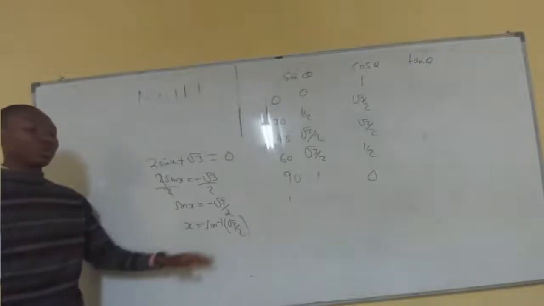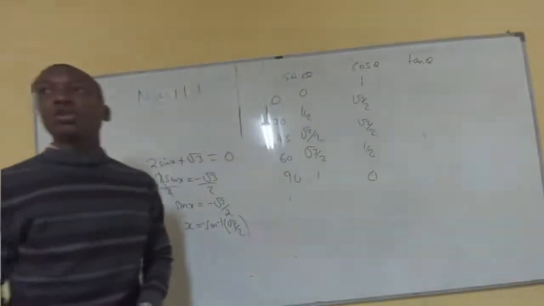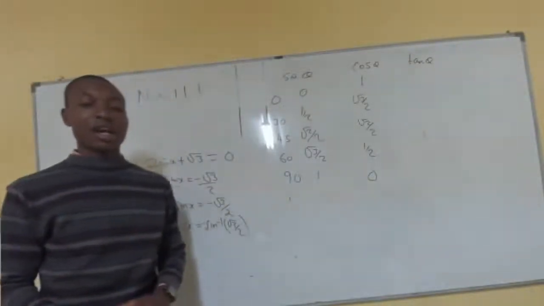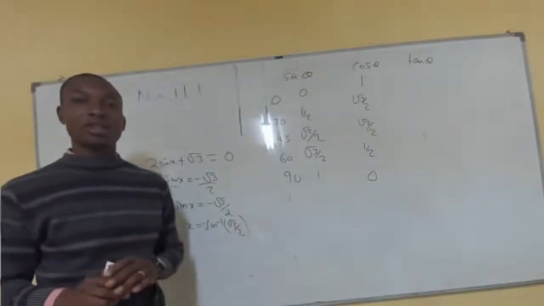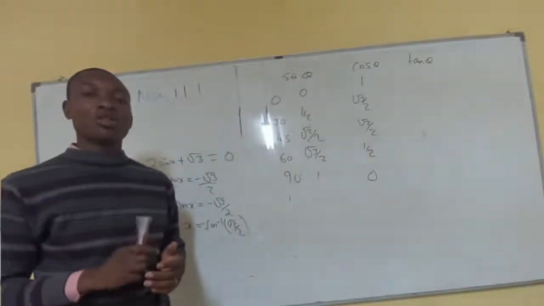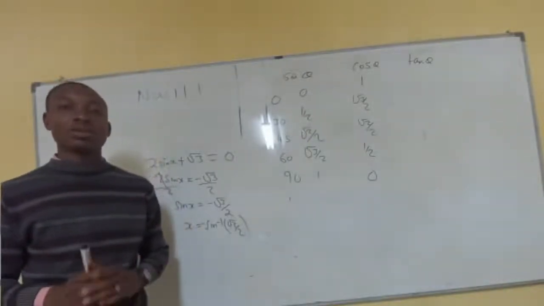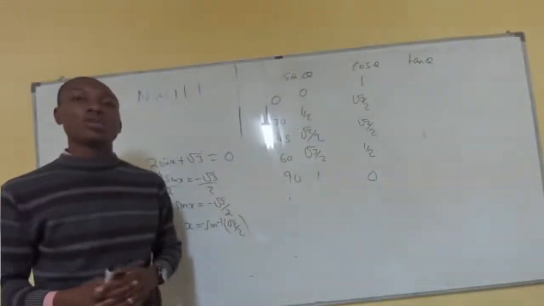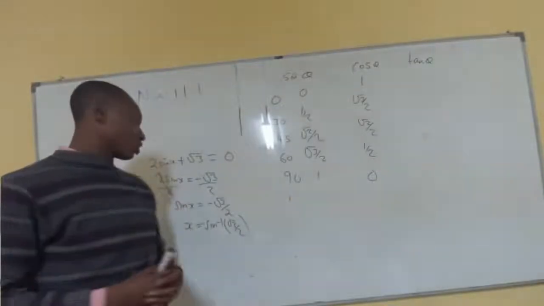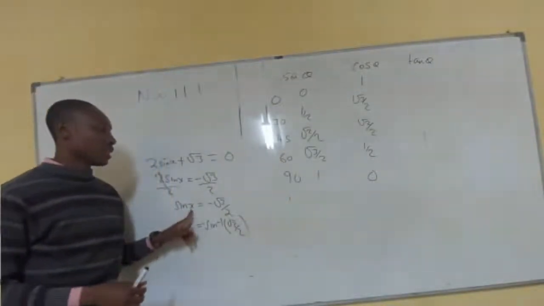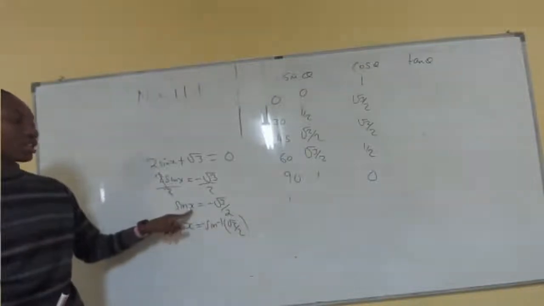Now, what you need to know is that whenever we are dealing with trigonometric equations, you first find your alpha. Then what you're looking for, which is the x value, is the theta. So this x is theta.